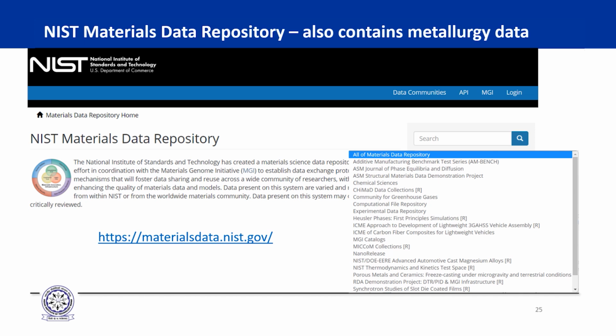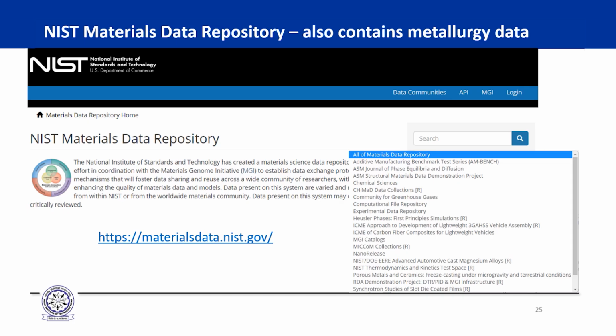So a large and diverse variety of databases are available in the NIST Materials Data Repository, including things related to phase equilibria and diffusion, the structural properties of materials, and so on.